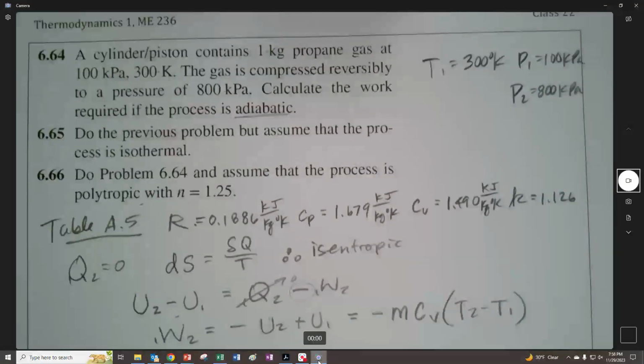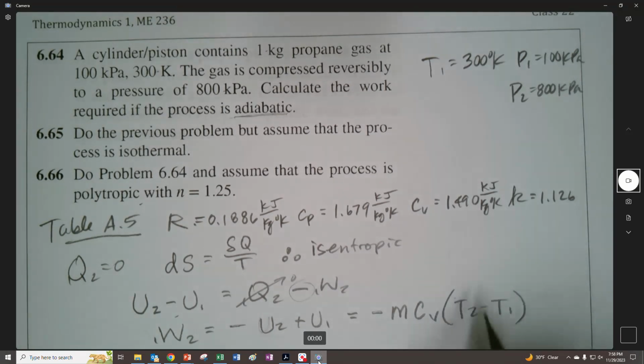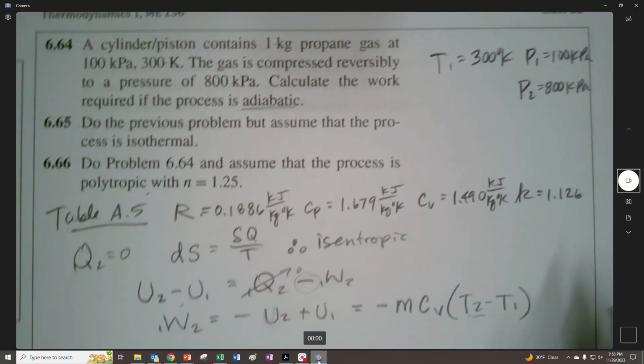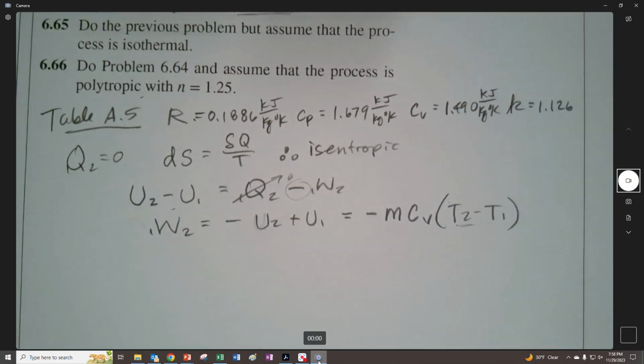In the previous class, you'll recall we did isentropic. We don't know T2 yet, but we can find it because we already have the equations from the previous class. I have the cheat sheet here, so let's look at the isentropic process.